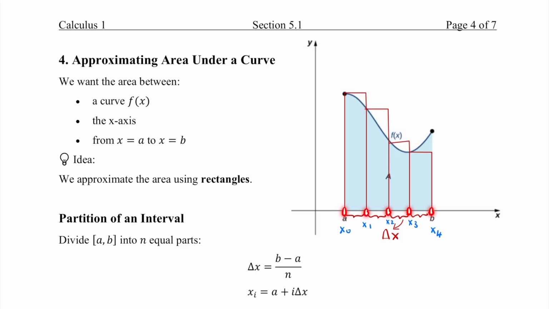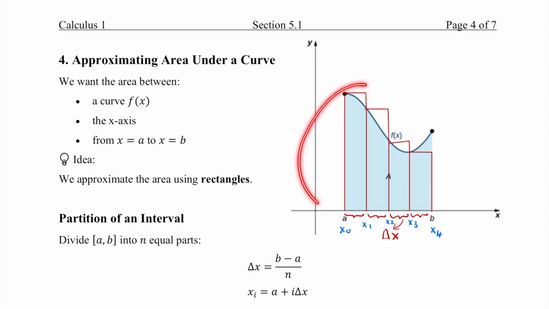And we can find each one using this formula, x_i equals a plus i times delta x. This just means we start at a, then we move to the right in steps of size delta x. i tells us how many steps we take.